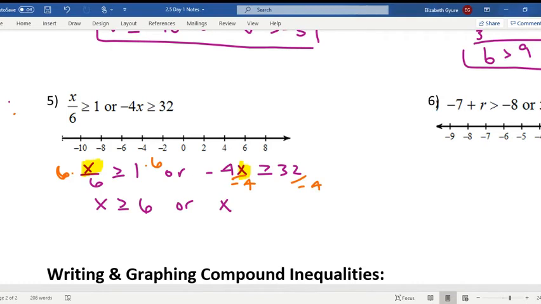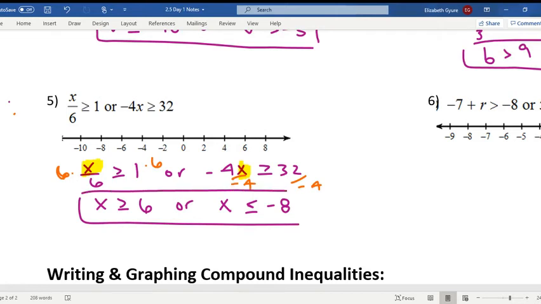What's going to happen since we're dividing both sides by a negative? A negative divided by a negative is a positive. What's going to happen to our symbol? It's going to change. We're going to flip it around. So our greater than or equal to is going to be a less than or equal to. And 32 divided by negative 4 is negative 8. Don't forget your negative sign, though.